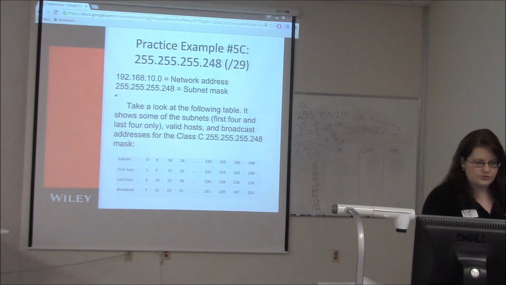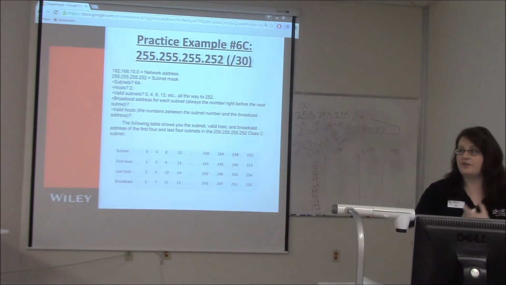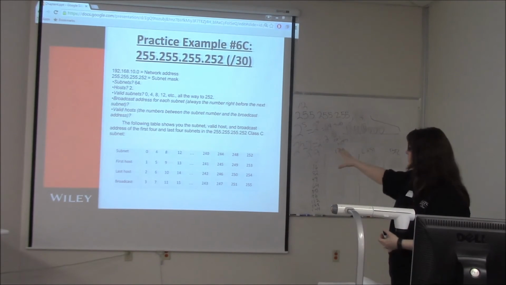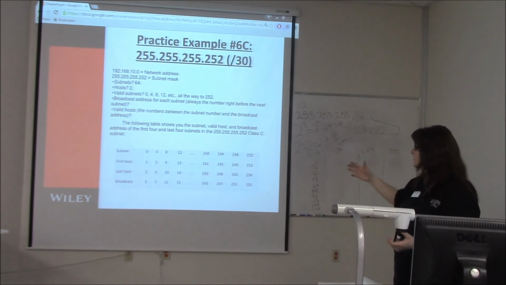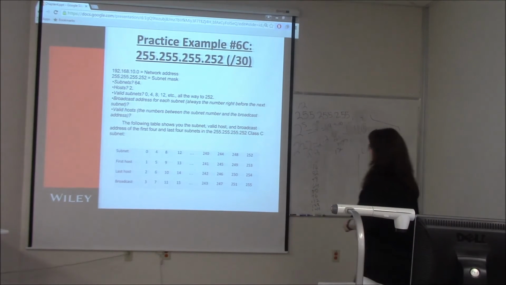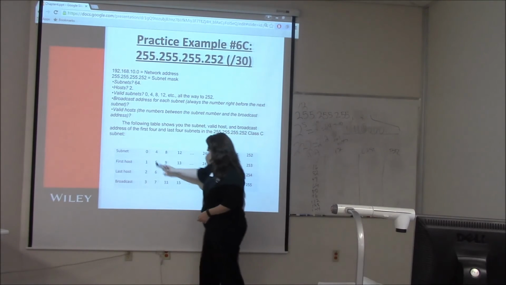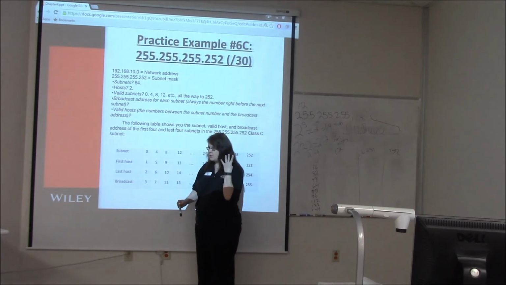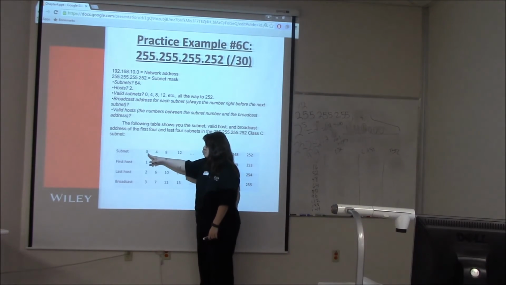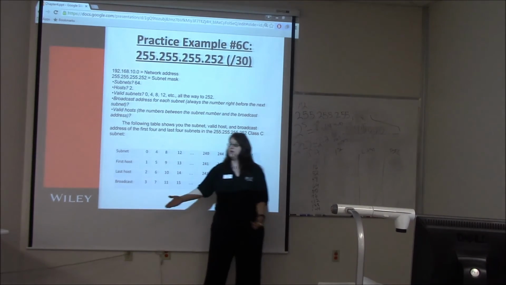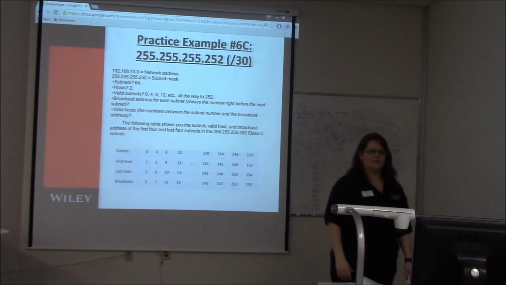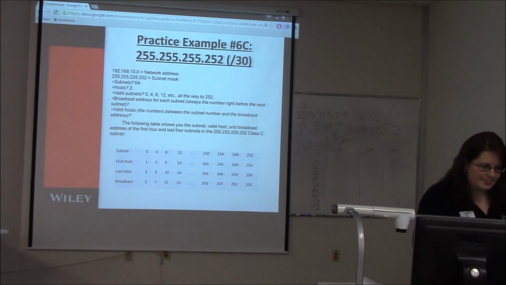If we go to a /30, we're down to 4 as an increment value. You can see your first, last, and broadcast hosts. If your subnet's only 4 addresses big, only 2 of them can be used because one's the network address and one's a broadcast address. So now they're teeny tiny.